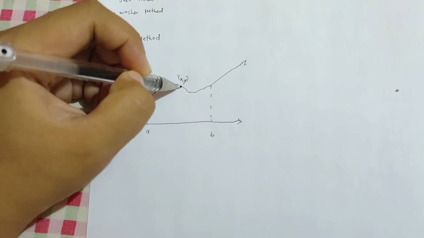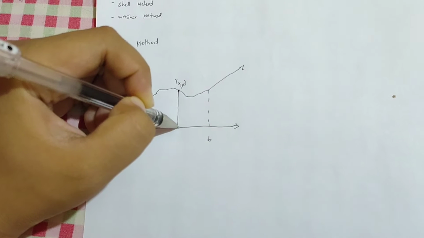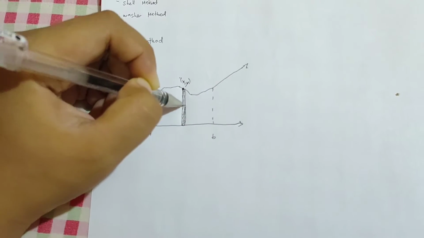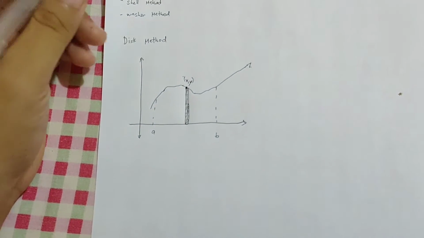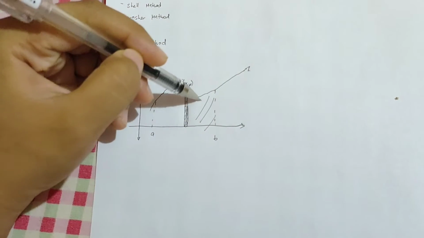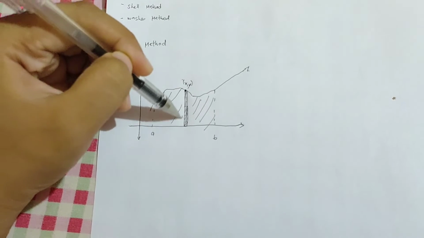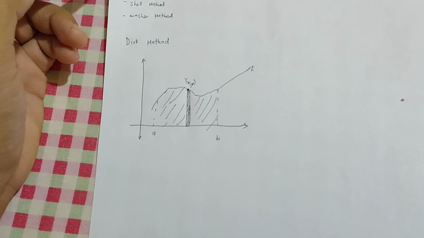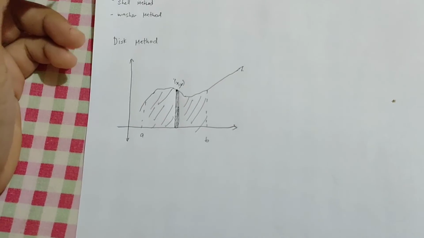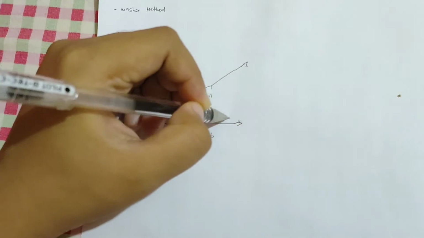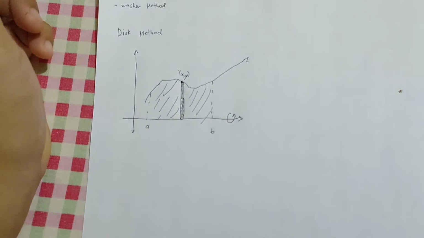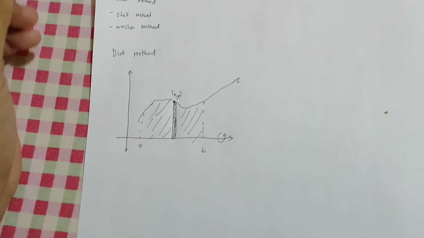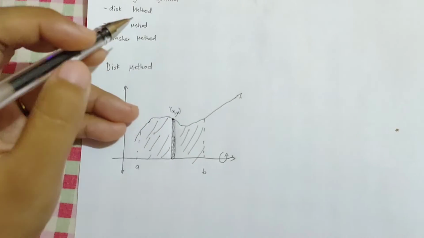And then at this point, we will draw a vertical strip. And this will be our area of interest. And then in this method, the area of rotation is here. That's how you plot your graph.